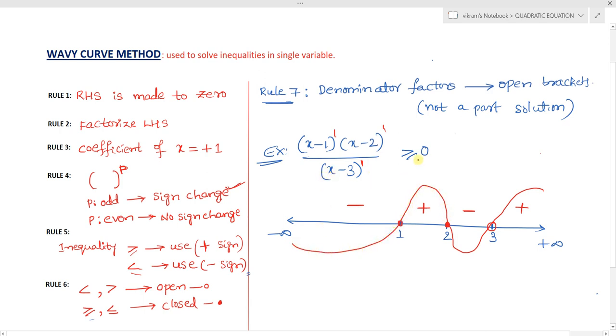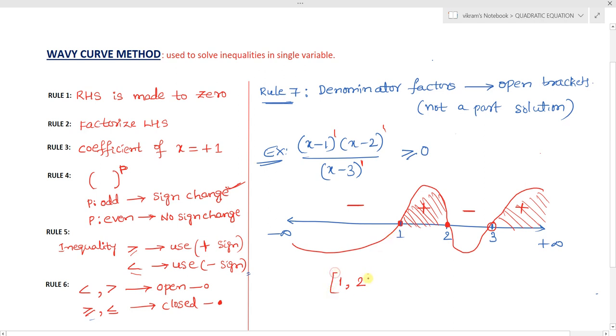For greater than or equal to, we need to check the plus sign range. From 1 to 2 it is in the plus range, as well as from 3 to infinity. Now we write 1 comma 2, with closed brackets since 1 and 2 are both included in the solution.